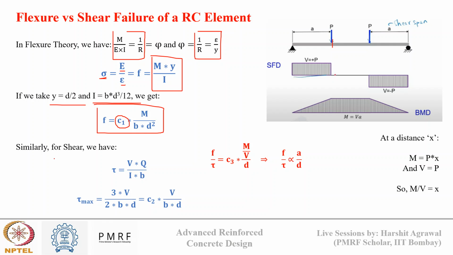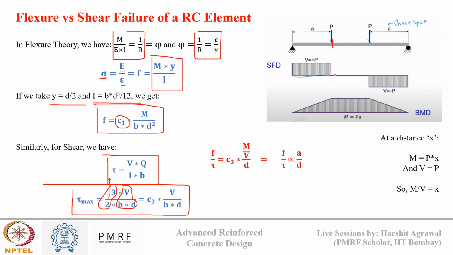Similarly, for the same section, if I determine the maximum shear stress, we can write tau is equal to VQ upon Ib. At the center the shear stress will be maximum. We saw this calculation last time, how we estimate the tau max value. It is 3V upon 2bd. So again, this is a constant, and the shear stress varies as we change the distance from the neutral axis, but this V upon bd part will remain constant in all the sections.